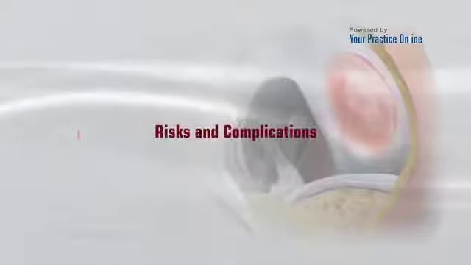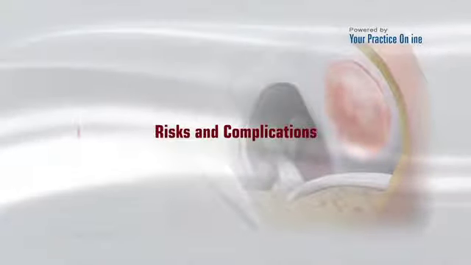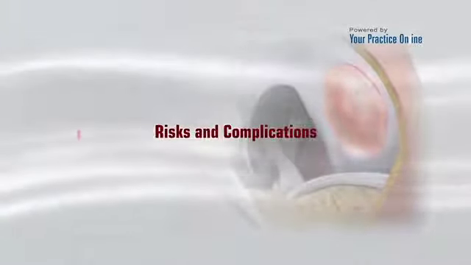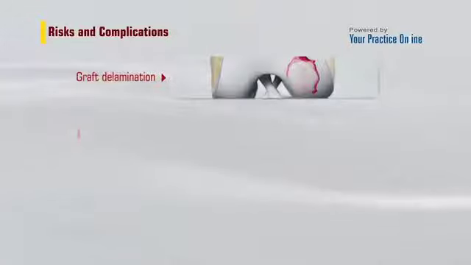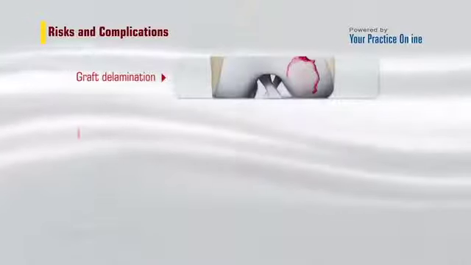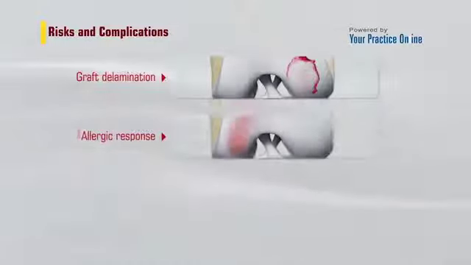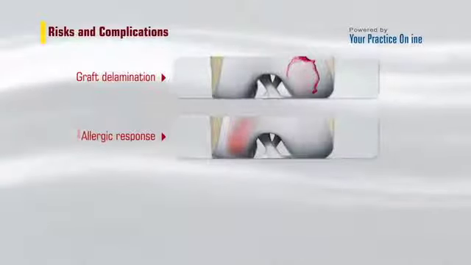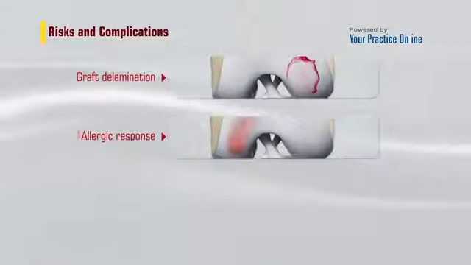Risks and complications. As with any surgery, cartilage restoration is associated with certain risks and complications. Graft delamination, detachment of the grafts from the subchondral bone and the surrounding cartilage, allergic response, transfer of disease and infection, and graft rejection in allograft transplants.